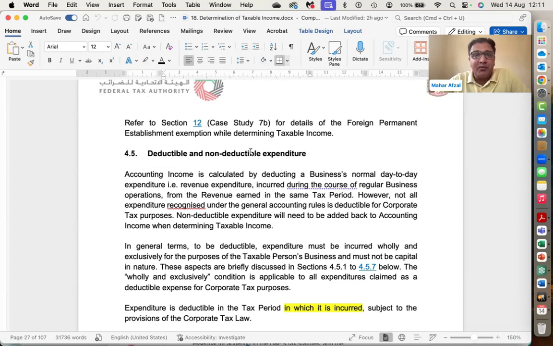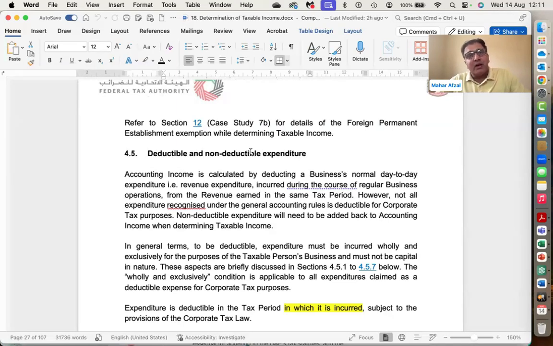If you took the loan before that date and there are no changes in the terms and conditions of the loan, then you can claim 100% interest. Otherwise, you cannot claim. These conditions are not applicable to banks, financial institutions, and natural persons. And for qualifying infrastructure projects, you can claim 100% interest as well.